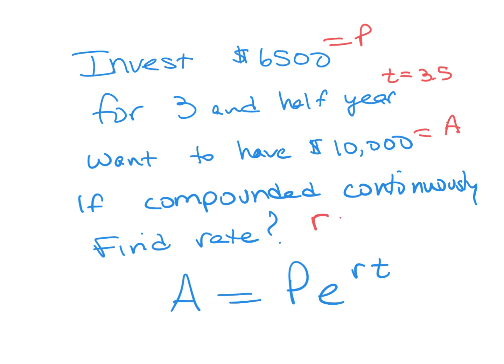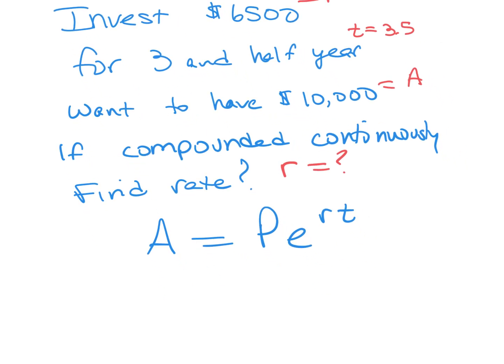I'm solving for R. So let's fill it in. So I'm going to fill in 10,000 is equal to 6,500 times E to the R, I don't know the R, and my time is 3.5.